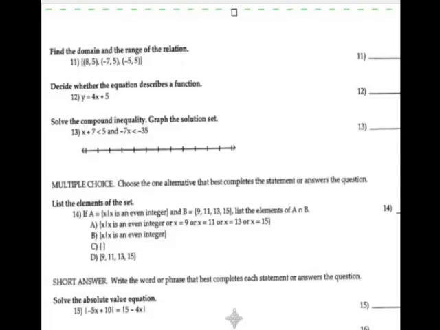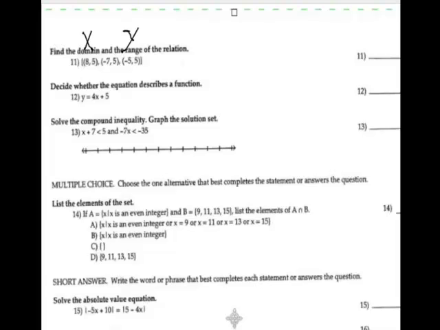Find the domain and the range of the function. Oh boy, that's right. We just didn't talk about that a whole lot, but we have talked about quite a bit that the domain is x, and of course that makes the range the y. And so the domain is the x values, 8, -7, and -5.